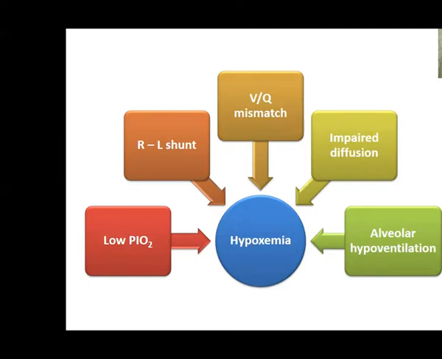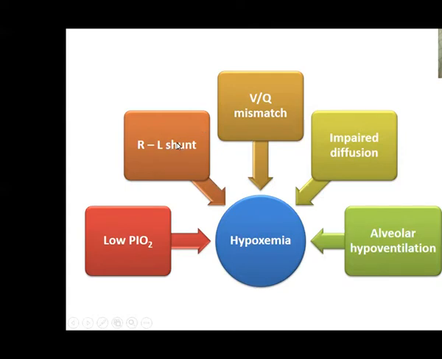Another thing is the VQ mismatch, as I was trying to explain to you, that is the problem with either ventilation or the perfusion. Q stands for perfusion. So in any case, when there is a problem, this is called mismatch between ventilation and perfusion. Now, if this is in an advanced form, affecting almost the whole lung or major part of both lungs, this will result in a right to left shunt.